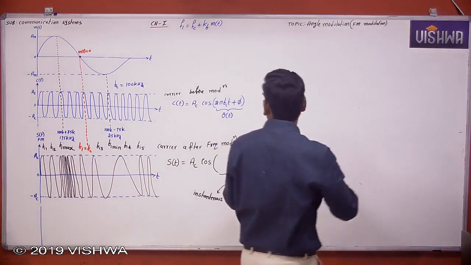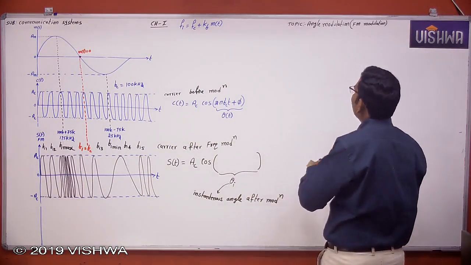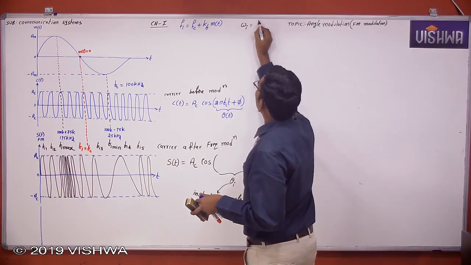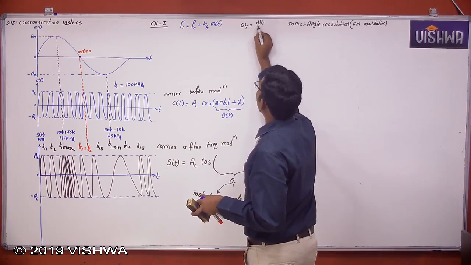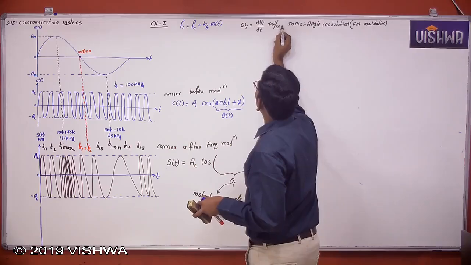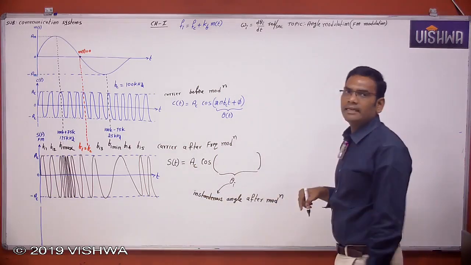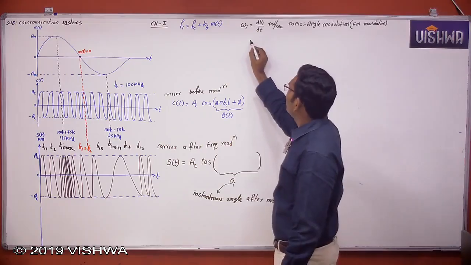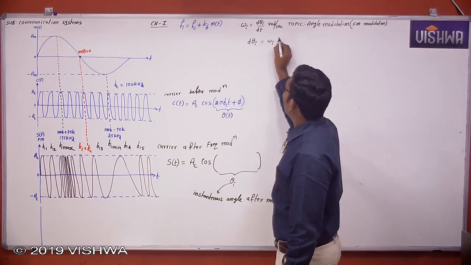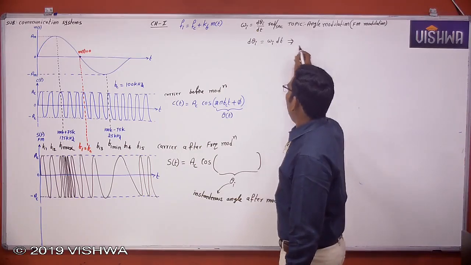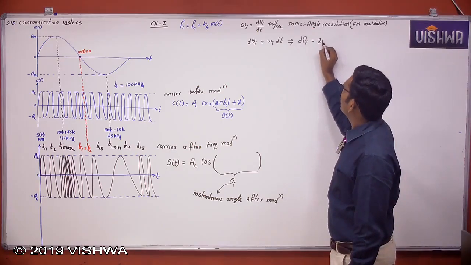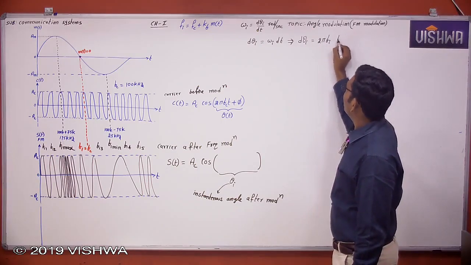Okay, now see here. Can I write like this? Now this is the angular frequency. What are the units of angular frequency? Radians per second. I just take the instantaneous angular frequency, meaning the instantaneous angle. So can I write d theta I equal to omega I into dt? Can I write like this? d theta I, omega is what? 2 pi Fi into dt.